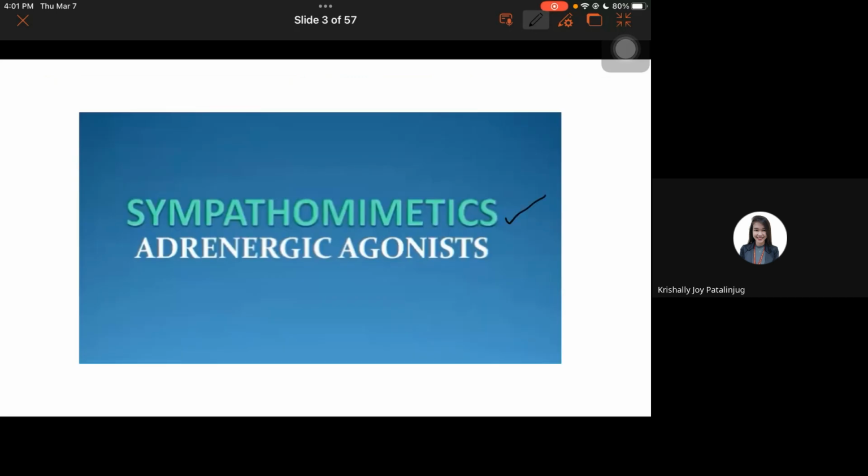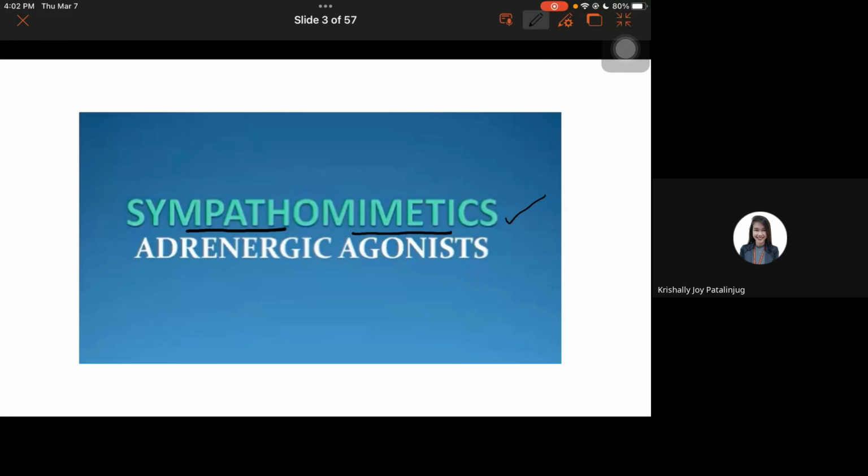sympathomimetics. Again, the adrenergic agonists are also called sympathomimetics, meaning they mimic, they copy the actual effect of the natural norepinephrines. Right? Norepinephrine itself is the natural neurotransmitter that binds to sympathetic receptors to enhance sympathetic transmission, the sympathetic effect.